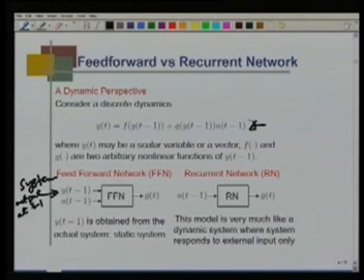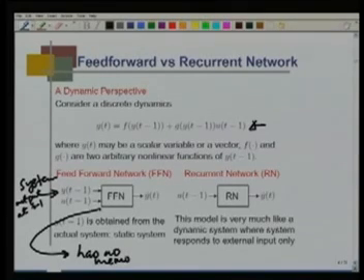But if I want to capture this dynamic using a recurrent network, the structure is that I only give input and I see what is yt. So, what you see is that this particular network has no memory, hence this is a static network, whereas this has internal memory.